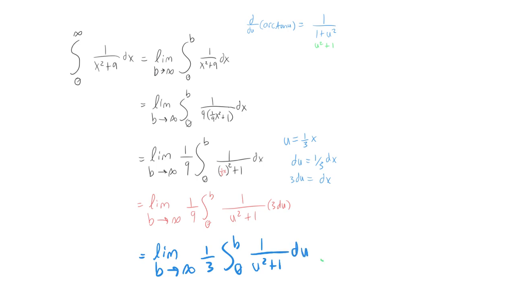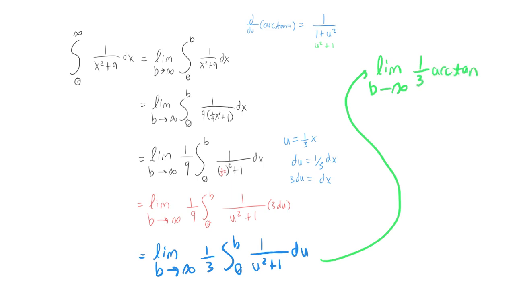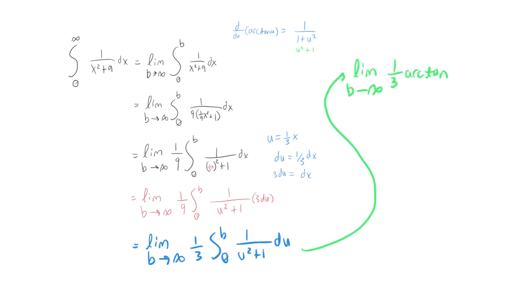Now we can actually perform the integral, where we say the limit as b approaches infinity of 1/3 arctan of u, and we have our b and our 0.